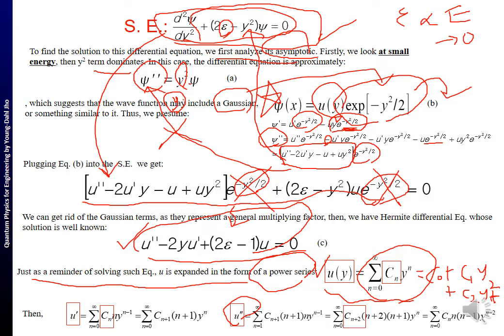The first derivative becomes n Cn y to the power of n minus 1. If we put n equals 0 into here, this goes 0, so the n equals 0 term doesn't survive. And then if we sum this power series starting from 0, then we change this subscript into n plus 1, right? So easy to follow, right?